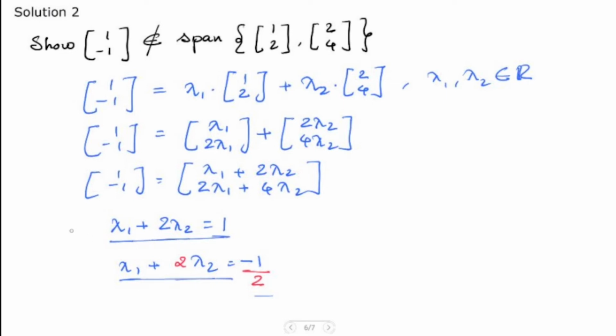In the first equation, they're giving the solution as 1. In the second equation, they're giving the solution as half. That's not possible. So you cannot have two numbers, lambda 1 and lambda 2, and solve it this way, where you take the first number and add 2 times the second number, but get two different answers, right? That's not possible. So you can just write here, this is not possible.